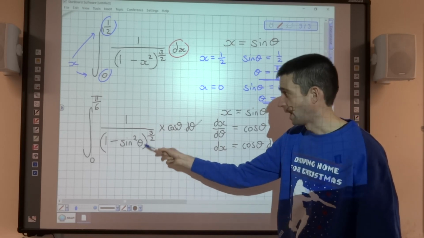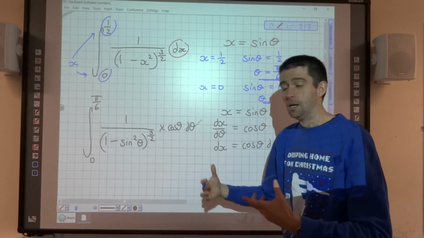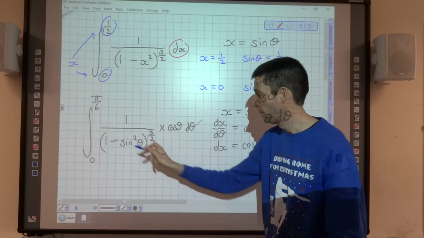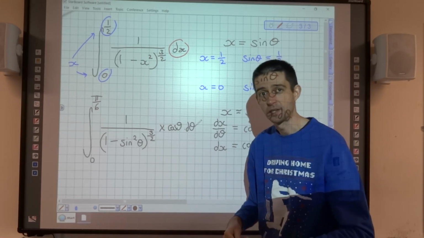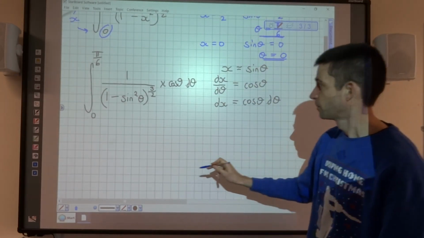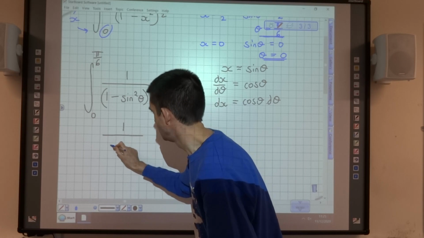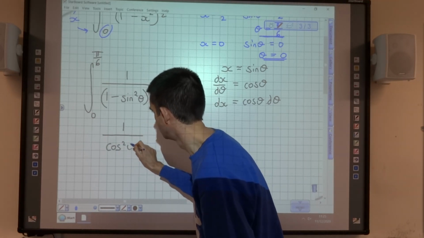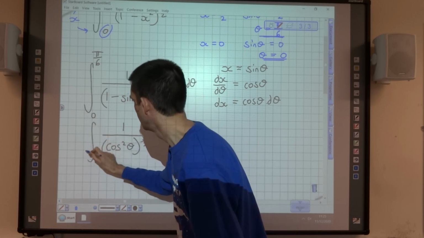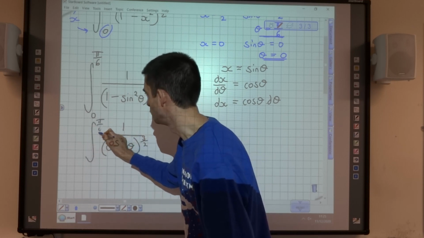And now I need to look at how I can manipulate this. So that trig identity that I said was screaming at you. What is it? 1 minus sine squared theta, what's that the same as? Cos squared theta. And that's really, really nice, because if I change that to be cos squared theta, and that is to the power of 3 over 2, have a think about what power 3 over 2 means.